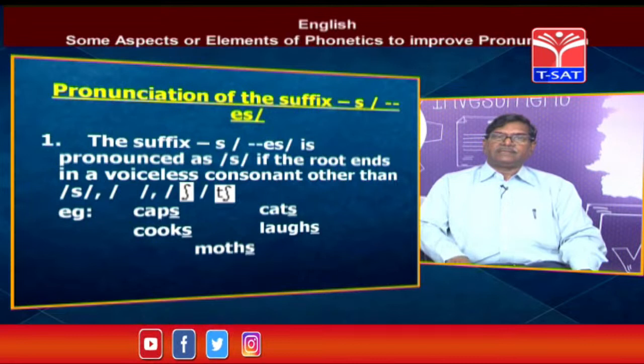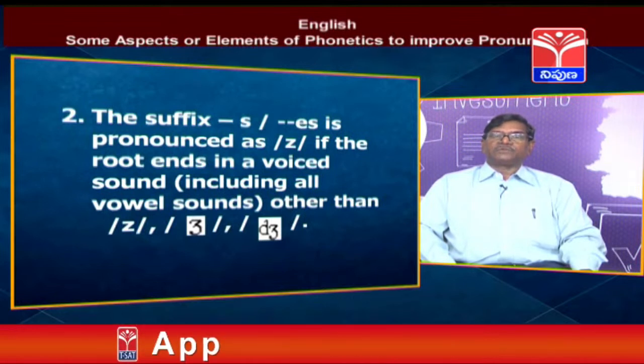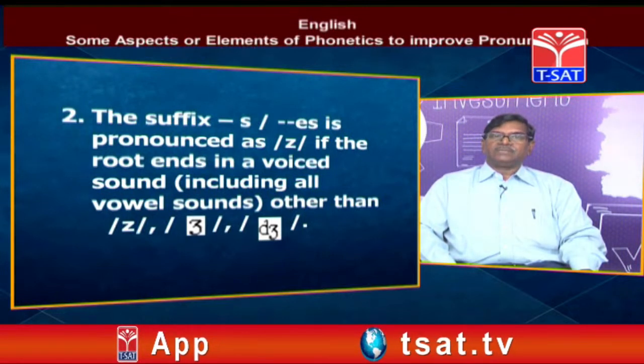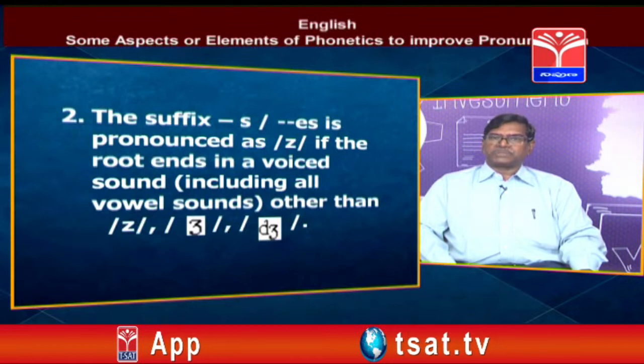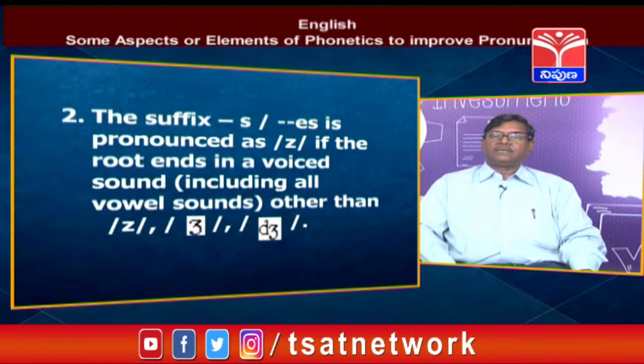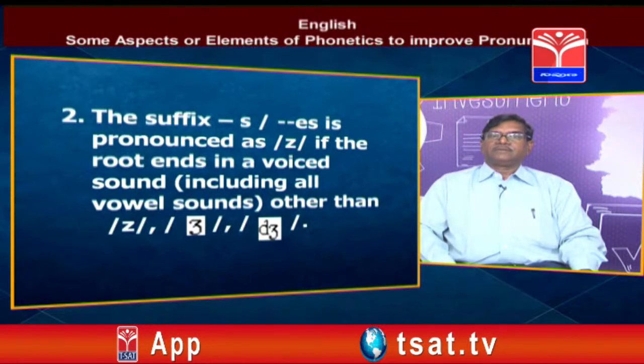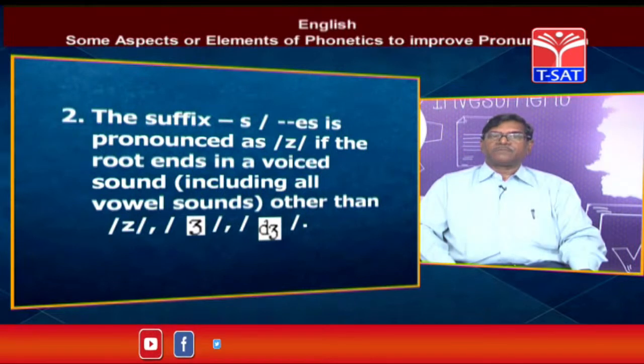And then the suffix is pronounced as z if the root ends in a voiced sound, including all vowel sounds also, but other than z, zh and j. Z, zh, j. Other than these three sounds.